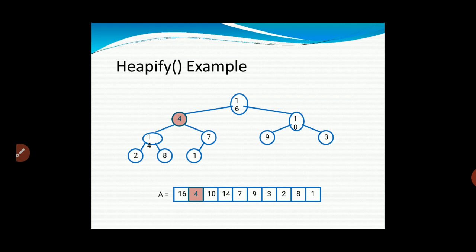Here 4 is our parent node, which is lesser than both 14 and 7.